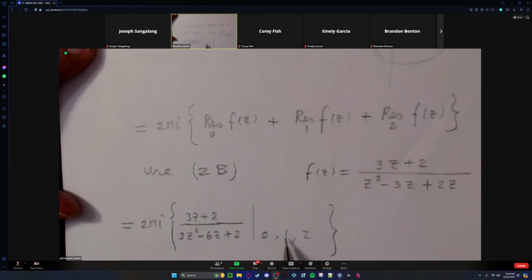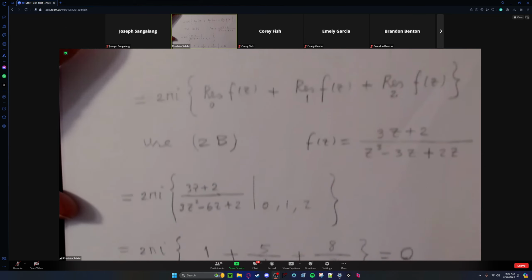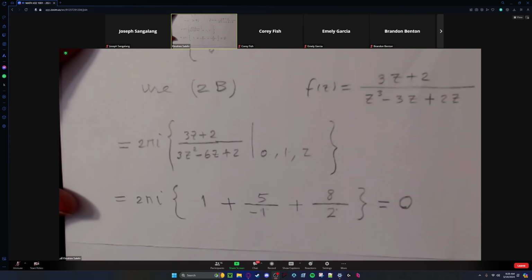You evaluate at 0, 1, 2 and put it in here. If you do that, it just happens that we get 0. But in this case it is 0, though it didn't have to be 0. It could be a number or something. For this particular function, the integral was 0.